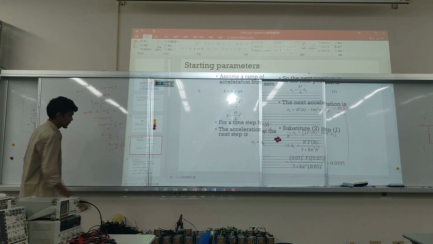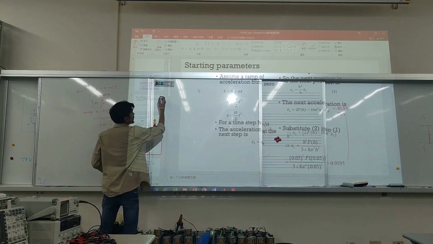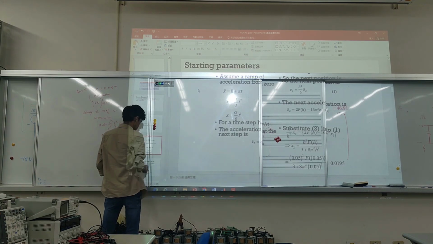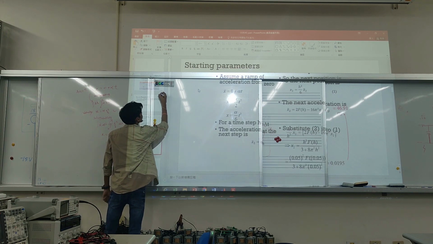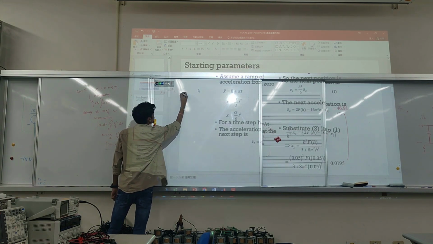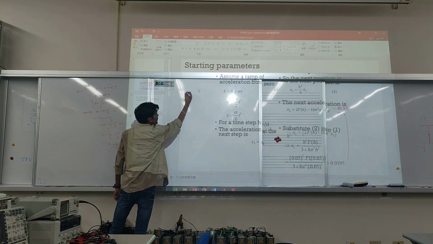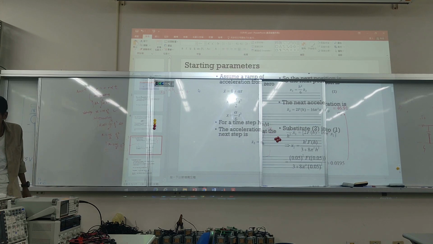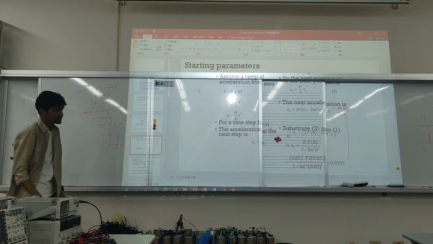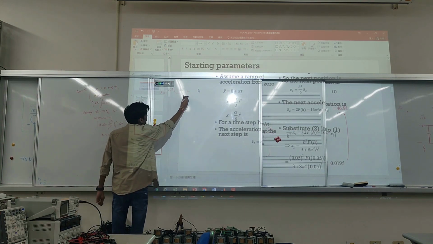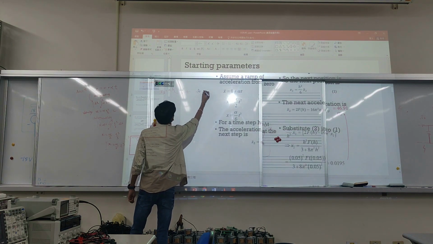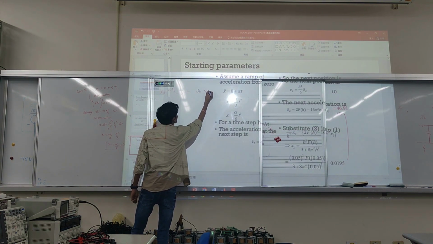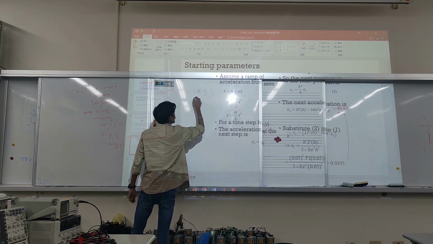So for the next step x2 will come, and that we are going to use. So what we are getting is alpha is equal to x2 double dot by h. So we have the value of alpha.